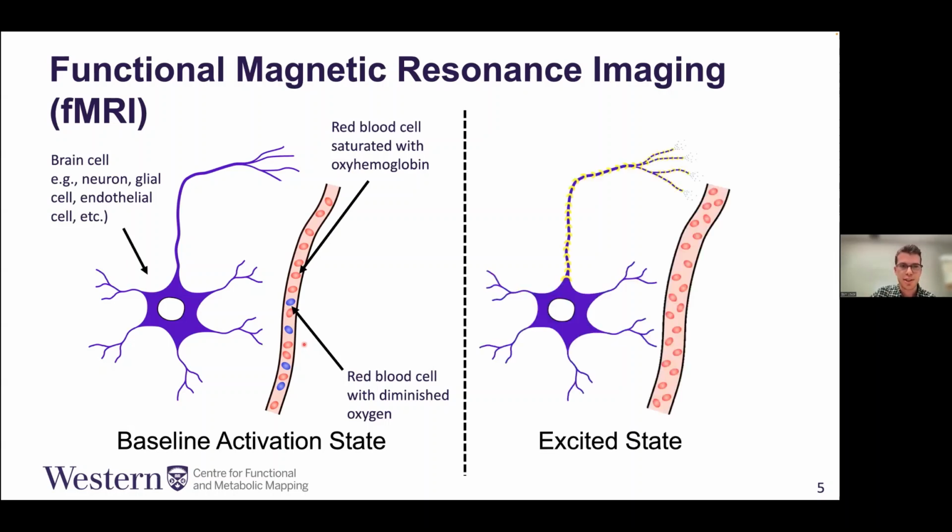If we compare this to the situation where the brain cells are active, the oxygen demand increases and signals are sent to the nearby blood vessels, which result in the diameter increasing and an increase of blood flow coming towards that area. And that flushes out the paramagnetic hemoglobin and results in an increase in signal. And this signal is called the blood oxygen level dependent or BOLD signal.